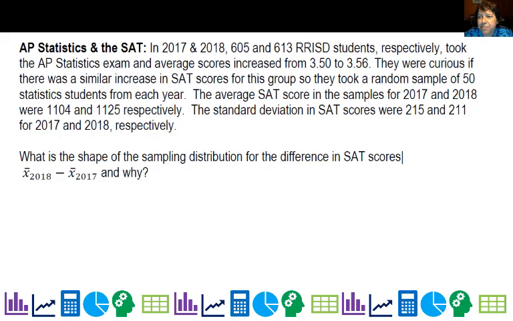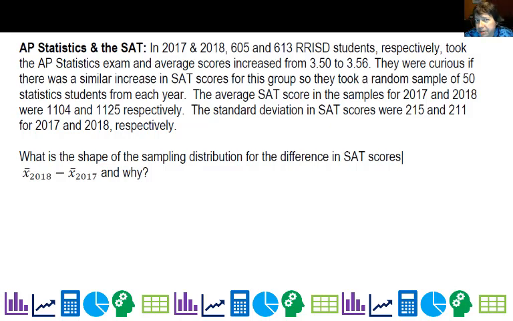So we've got another example here. In 2017 and 2018, 605 and 613 Round Rock ISD students, respectively, took the AP Statistics exam, and average scores increased from 3.50 to 3.56. So they actually have the parameters there for the AP scores.